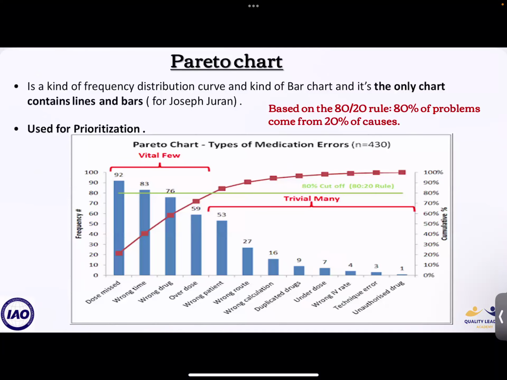Okay, let's proceed. Also in research and programs, we said that 80% of problems come from 20% of causes. So if I solve the 20% of causes, I will create a positive impact on the 80%. These 20% are what we call the vital few, and the 80% are the trivial many.